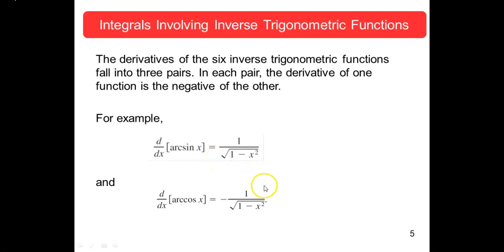And then they all pair up like that: cosine inverse pairs up with sine inverse, cotangent inverse matches up with tangent inverse, and cosecant inverse matches up with secant inverse.